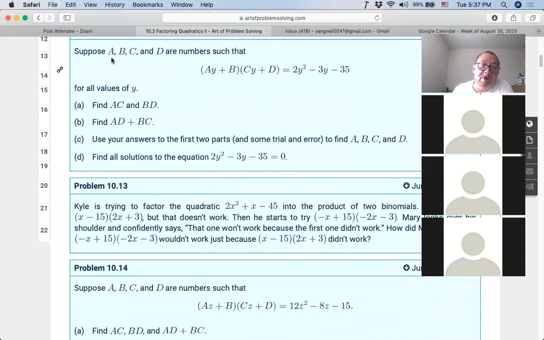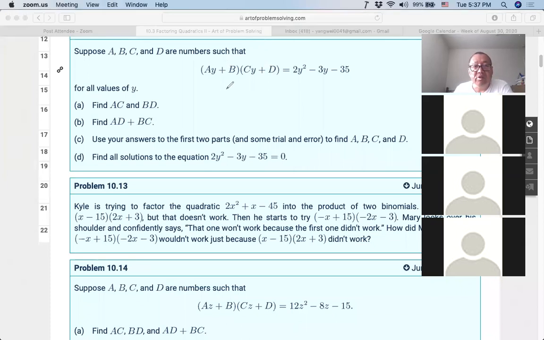In this example, suppose A, B, C, and D are numbers such that this is satisfied for all values of y. Then they ask you to find A times C and B times D. So to calculate this, you need to expand the left side of the equation: A times C times y squared, plus (B times C plus A times D) times y, plus B times D. This equals 2y squared minus 3y minus 35.